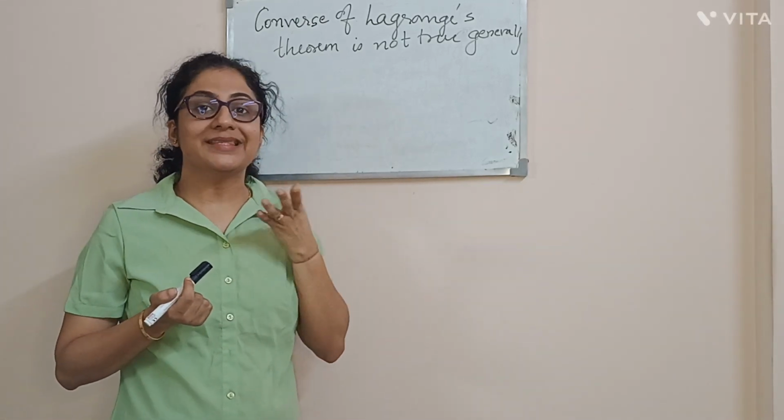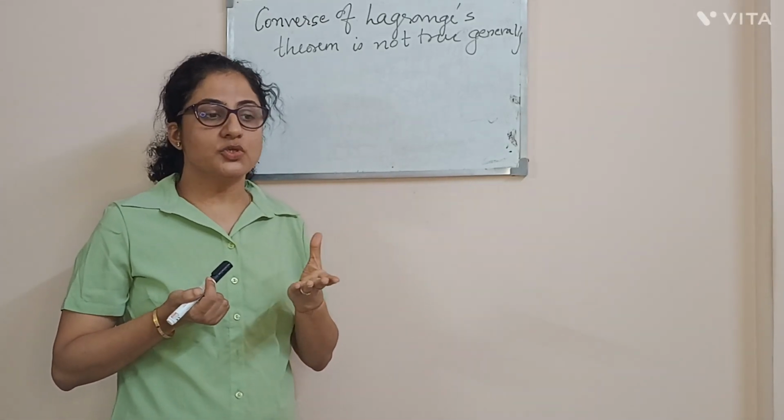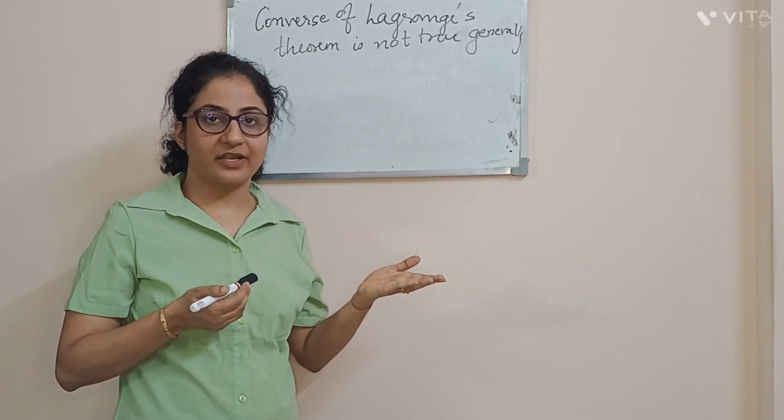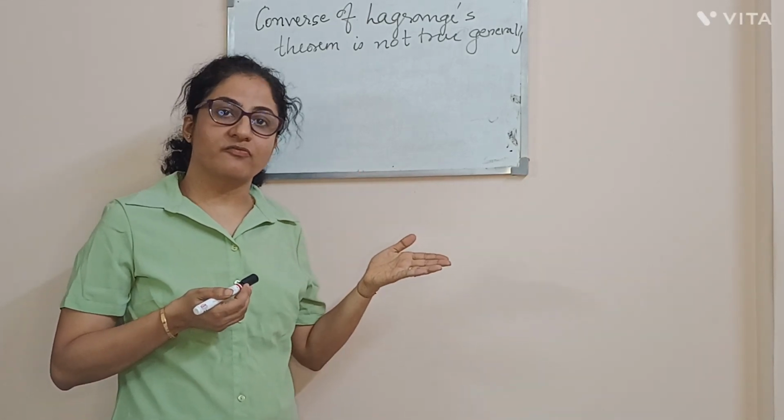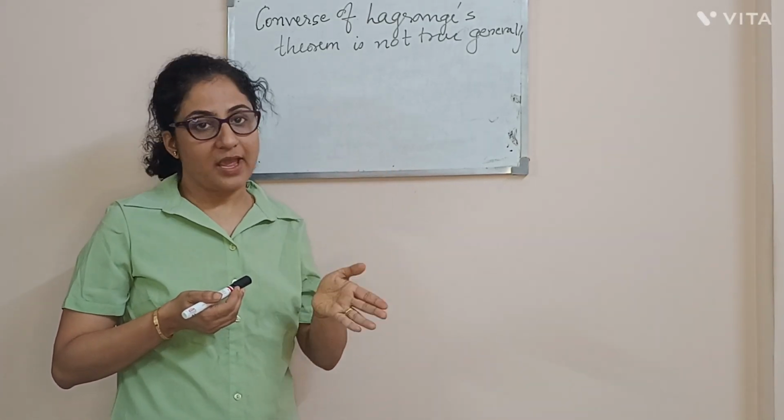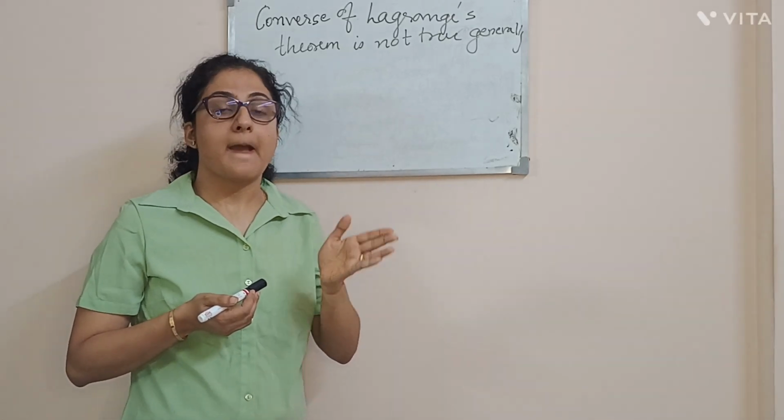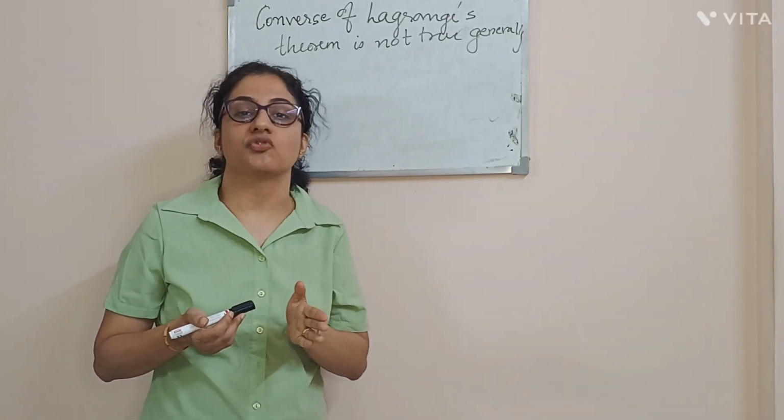But it's a necessary condition. What I want to say is that obviously if G is a finite group and H is a subgroup of G, then order of H will divide order of G. But the converse is not true.